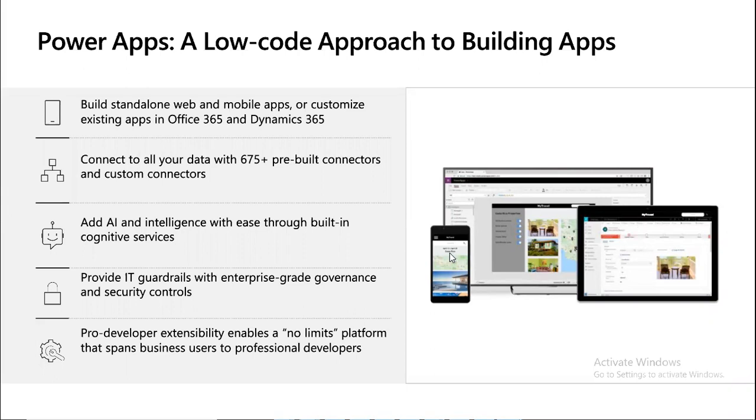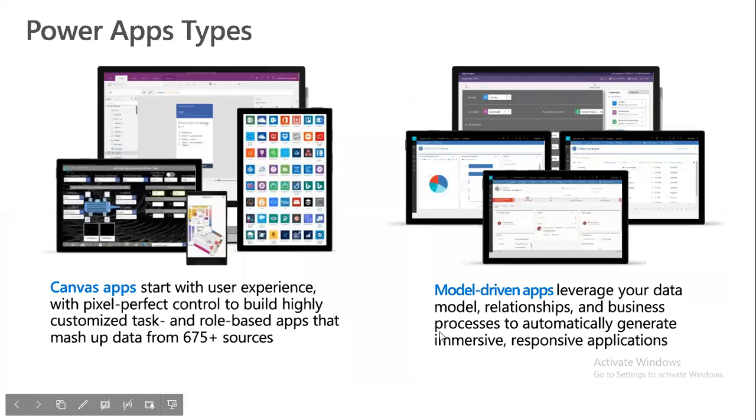All these which you are creating with the Canvas app are responsive. You can connect to different kinds of data connectors, custom connectors, add AI to your app, which will help you with the cognitive services, will provide you no limits, and you can develop a number of apps on mobile or the web. So these are the different kinds of apps we have, like Canvas app, model driven app. We'll be discussing them deeper.